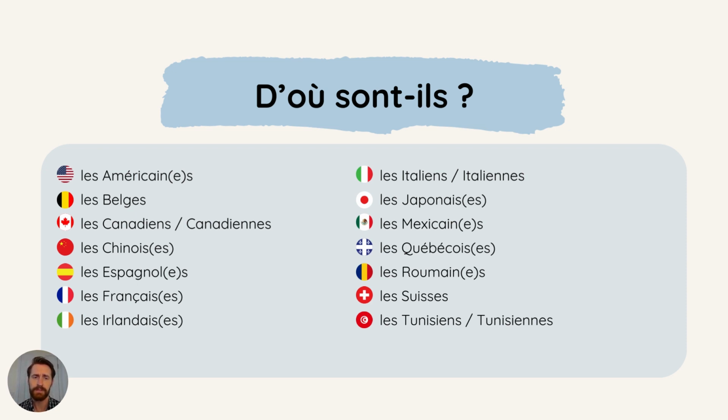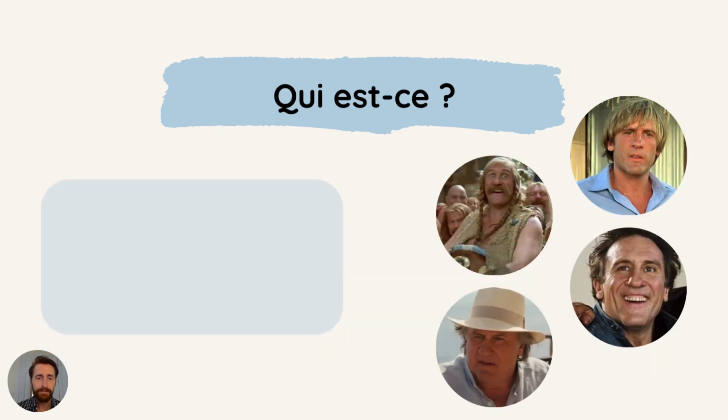Whenever you see an NNE, for example, in Canadien, Canadienne, obviously Canadienne is the feminine version. Same with Tunisien, Tunisienne. But we also have some that work for both, and you don't have to distinguish between masculine and feminine. So that would be, for example, les Belges ou les Suisses. So let's move on.